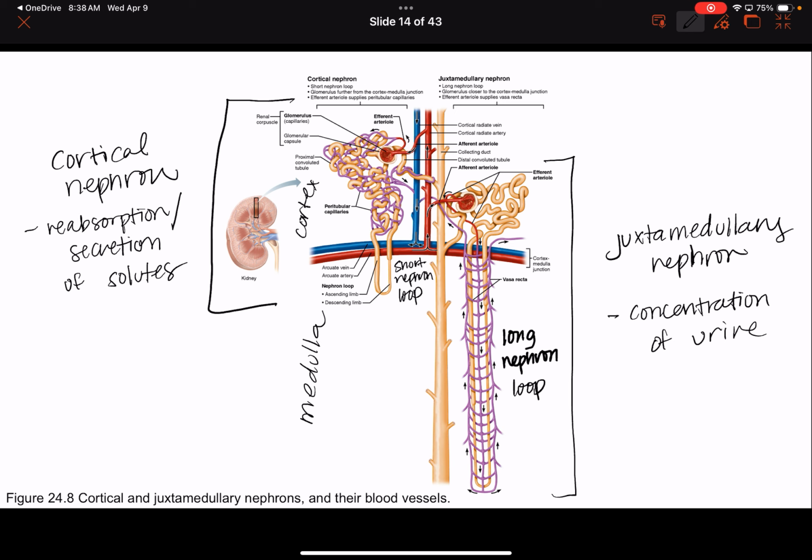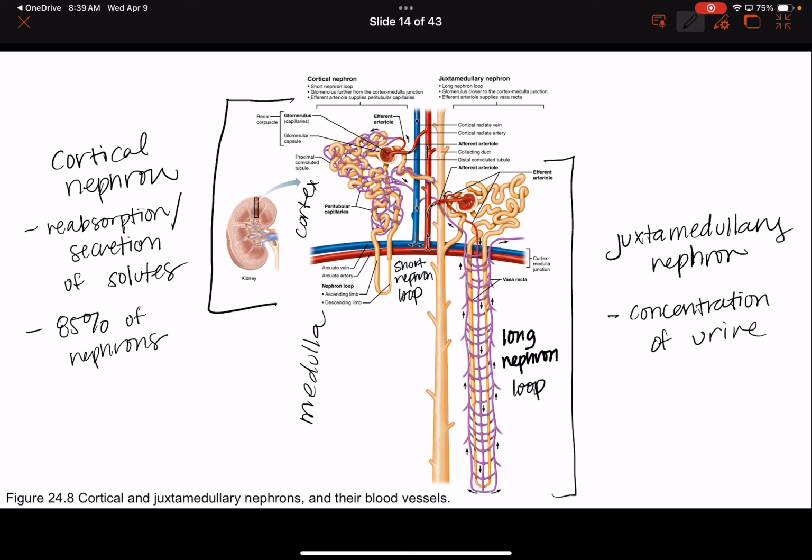Most of our nephrons are going to be these ones though, and I think it's already in your lecture notes. 85% of our nephrons are cortical. But that's mostly the difference between them. Their location, size of their nephron loop, and then the cortical nephron is mostly dealing with solutes, while the juxtamedullary is mostly dealing with water and the concentration of the urine.